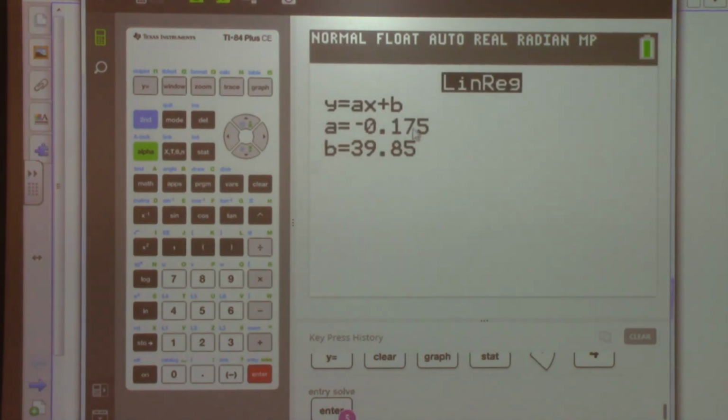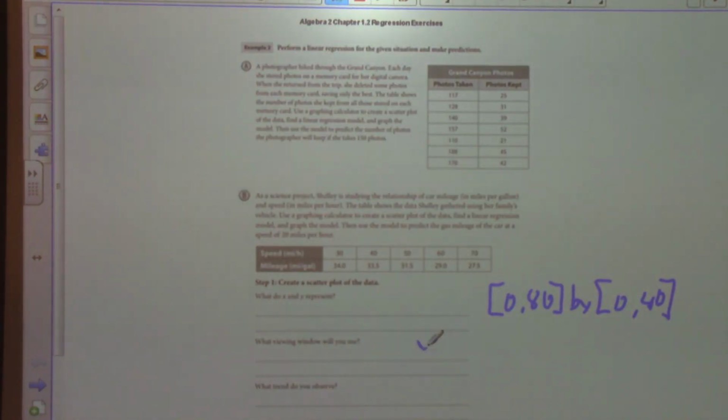So negative 0.175x plus 39.85, right? Is it 0.175x plus 39.85?